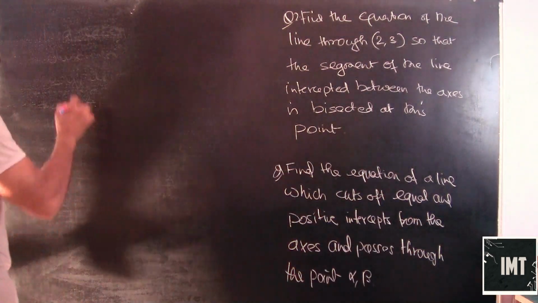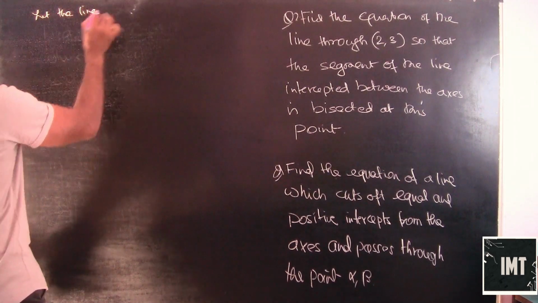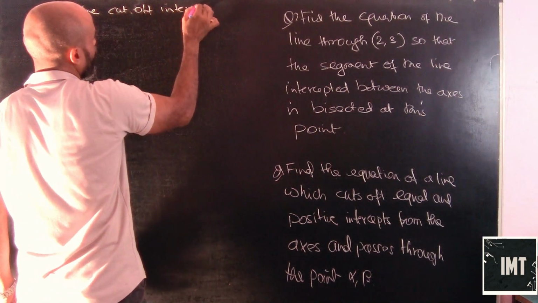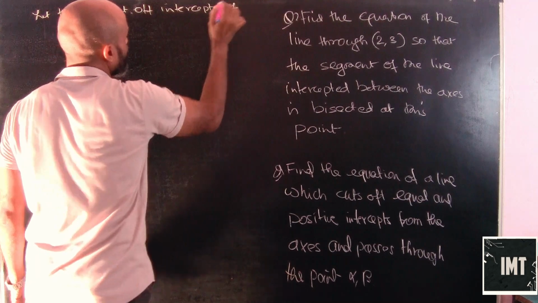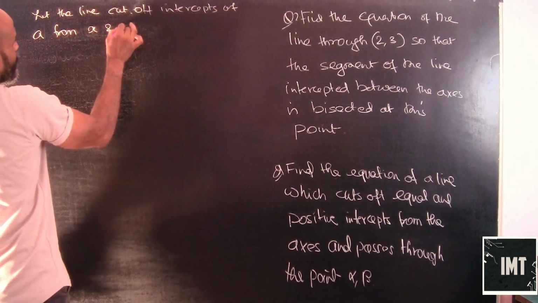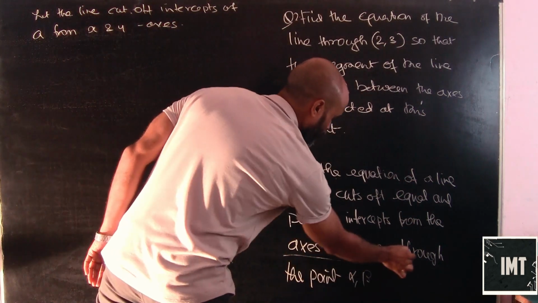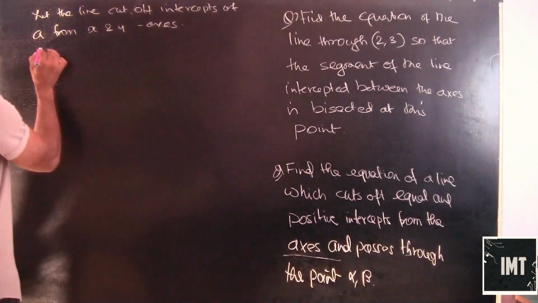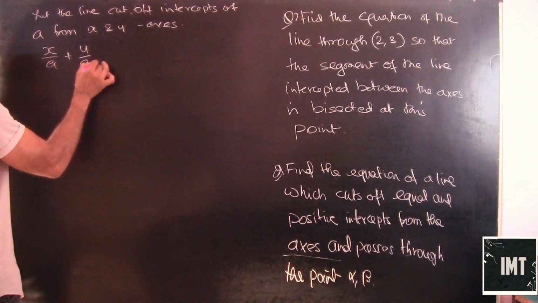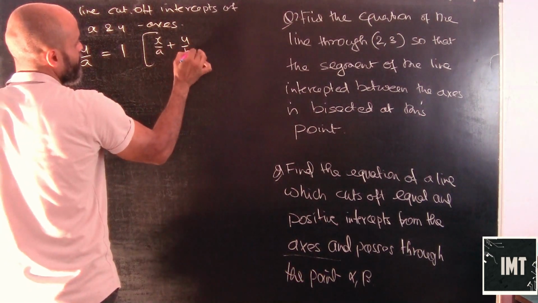Okay, so let the line cut off intercepts of A from the x and y axis, because it is written here positive and both are equal. So what can we write here? In intercept form, we can write x by a plus y by a is equal to 1, which is basically x by a plus y by b is equal to 1.